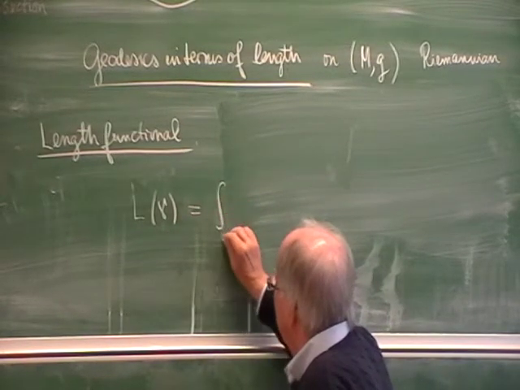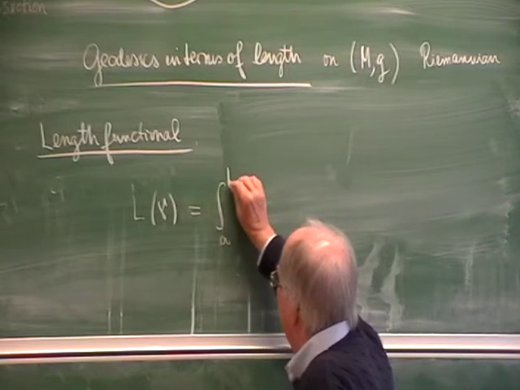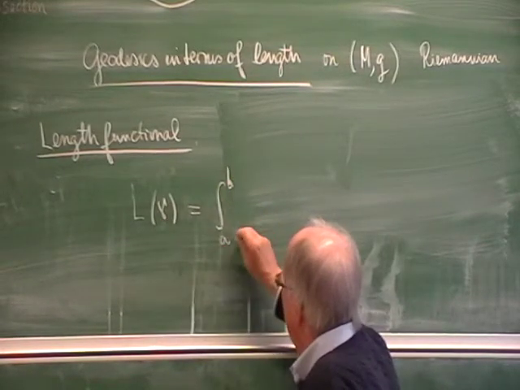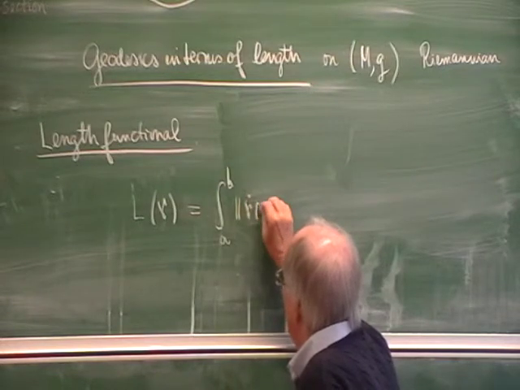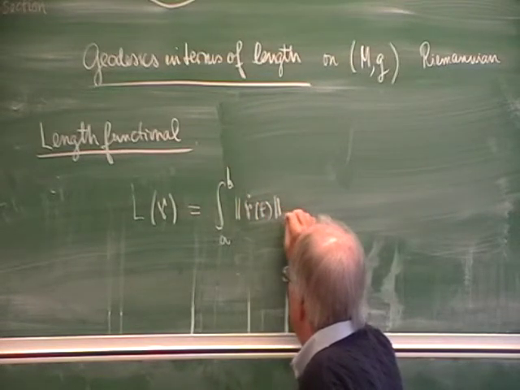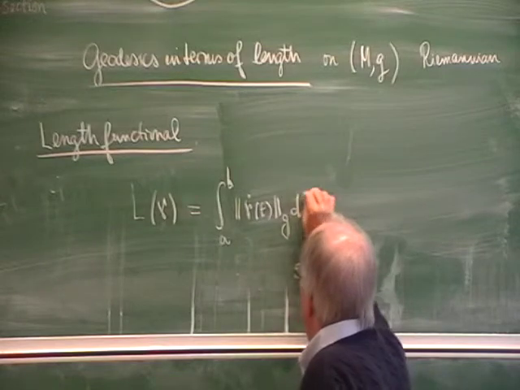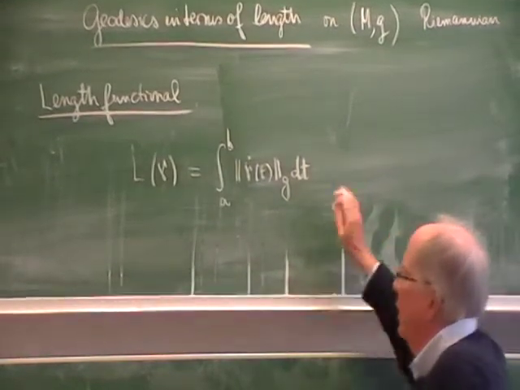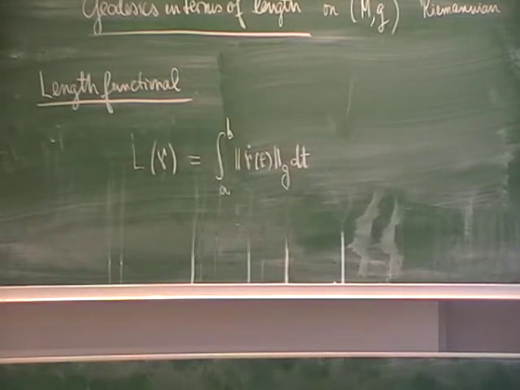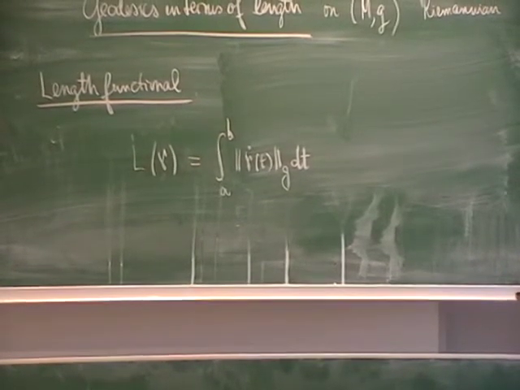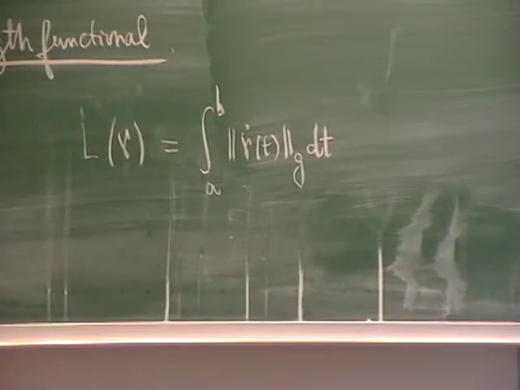And this length function is simply defined, for a curve going from A to B, as what it should be. Everybody learns this in calculus. You add up the norms of the derivatives and you get the length, right?